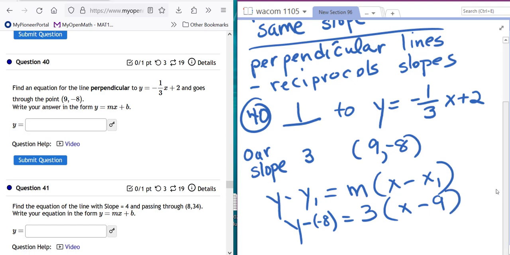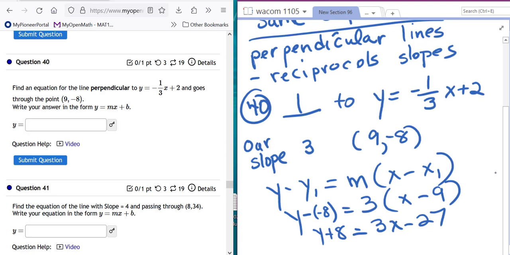We have to clean up again, so we have y plus 8 equals 3x minus 27. And we'll see if it gives me more room that time. So I'm going to subtract an 8. So that gives me y equals 3x. These are like signs, so they're going to add, 3x minus 35. So that was a good workout on that one.